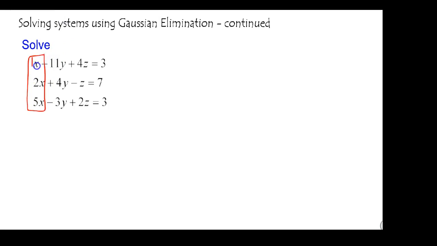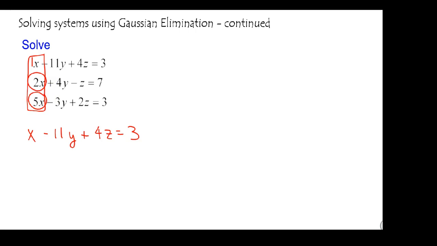I already have the 1 in place in my first equation, so that's great. That means as far as the first iteration, that step is complete. So I can then write that equation here to represent my first iteration. And now I want to use that equation, multiplying it by whatever's necessary to convert the coefficients under it to zeros.